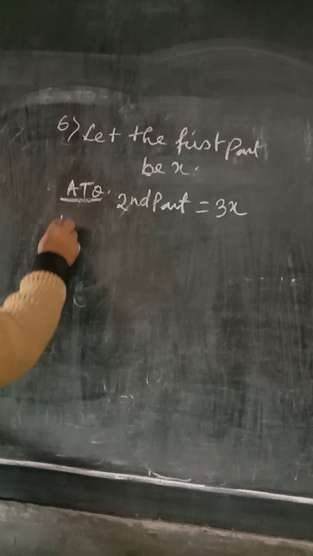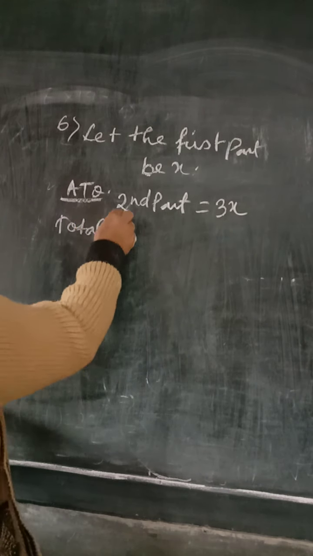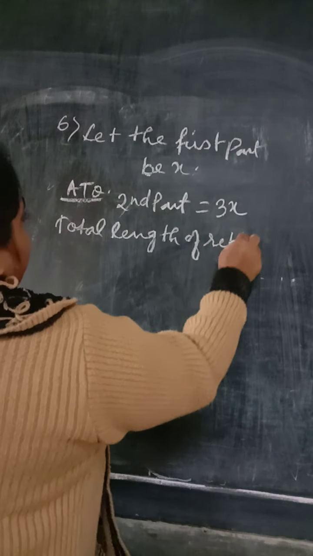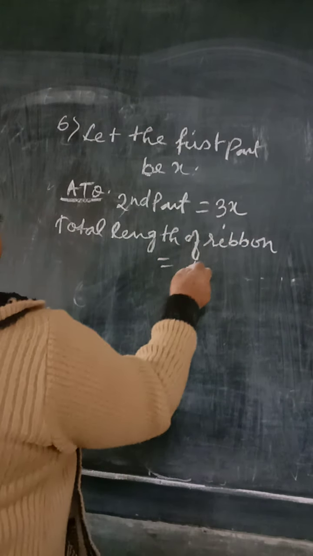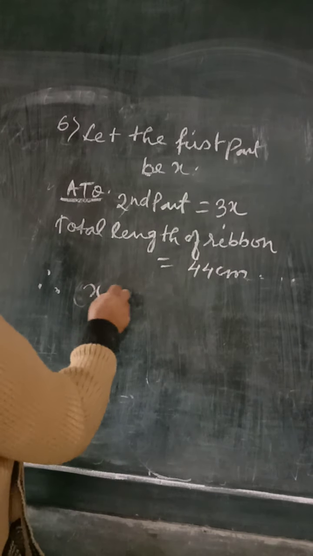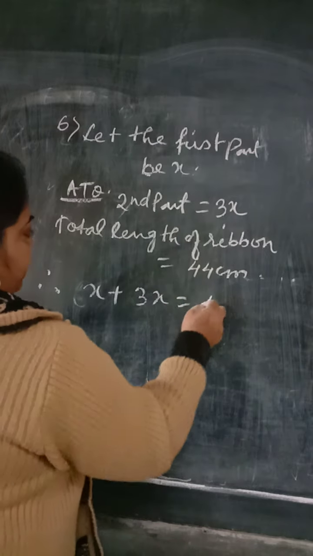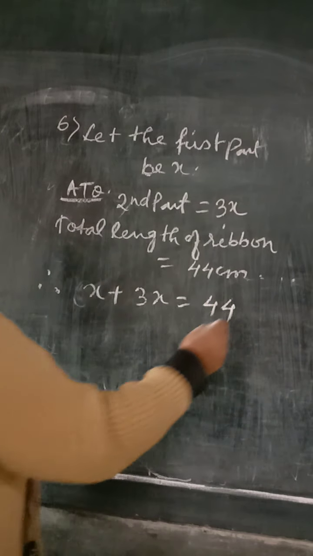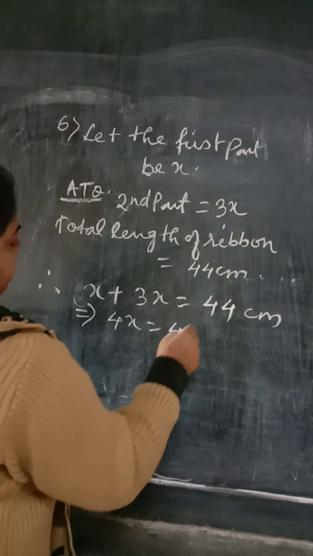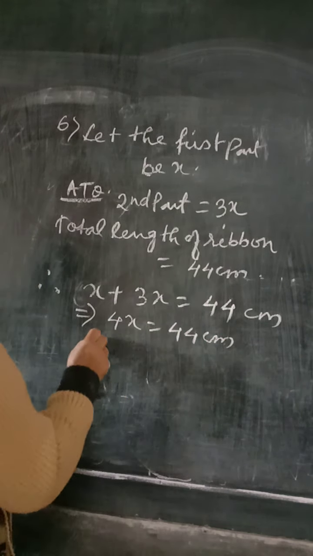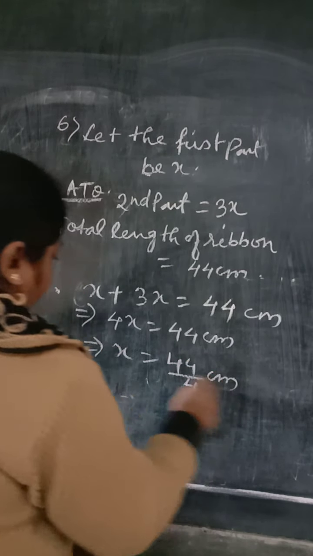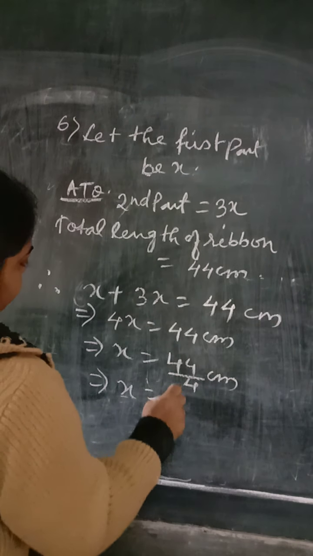The total length of the ribbon is 44 centimeter. So when we add x plus 3x, that gives you 44 centimeter, or 4x is 44 centimeter, x is 44 by 4 centimeter, x is 11 centimeter.